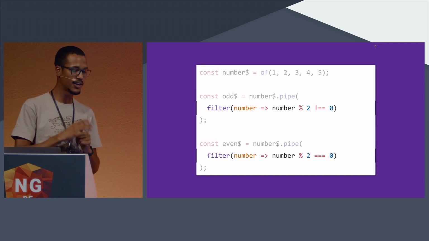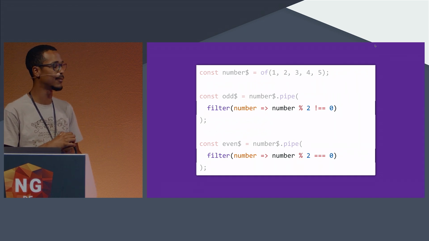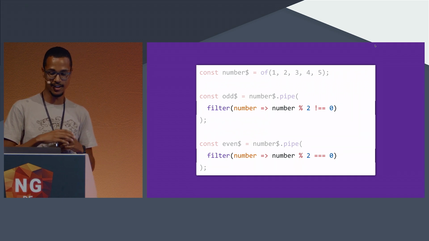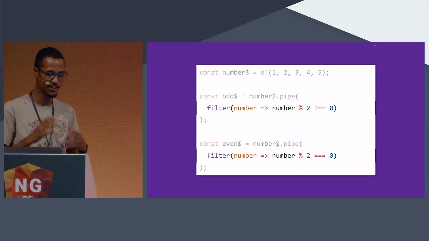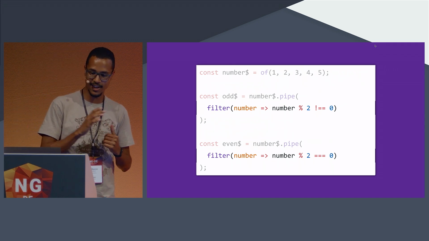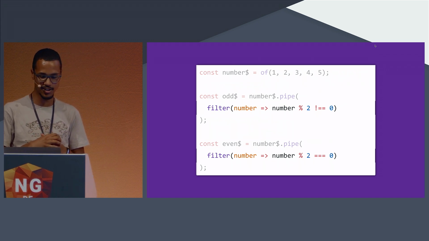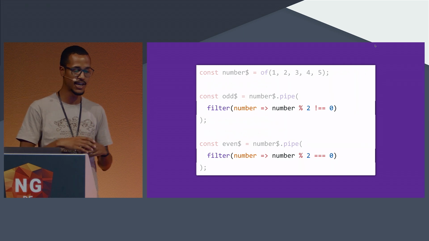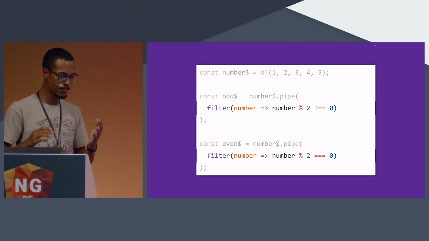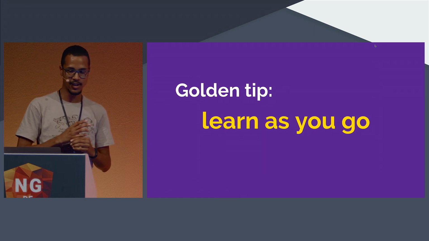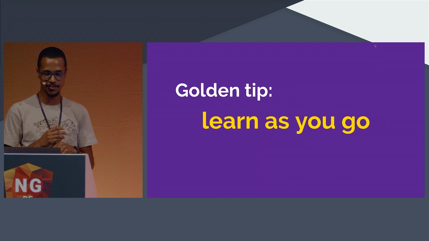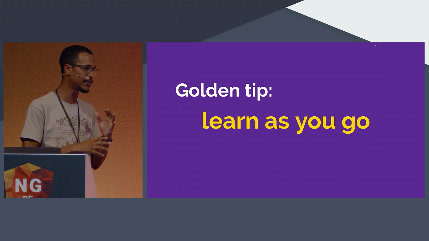There are more than 100 operators in the RxJS library, so learning all of them at once is nearly impossible. I say nearly impossible because some people do it. It gets even worse if you're just starting with reactive programming as a whole. So my golden tip is: learn as you go. Whatever the problem you are trying to solve, or however you want to transform your observables, there will be an operator up for the job.